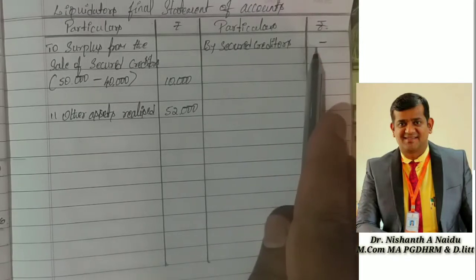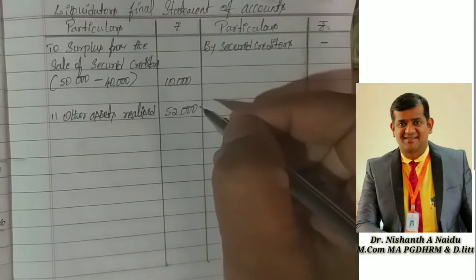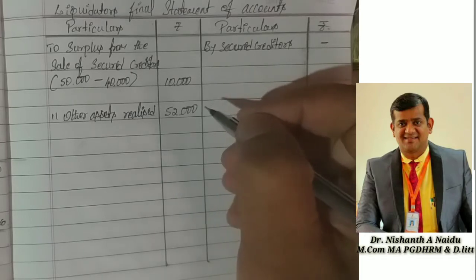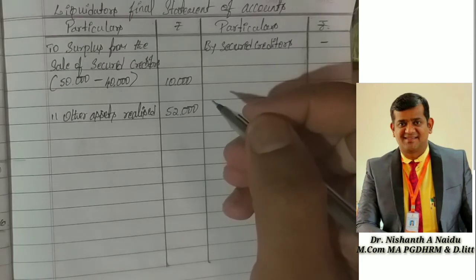Okay, so next immediately we have to pay any expenditure related to the liquidation. In the problem, if you look at it, there is an expenditure on liquidation. So how much is the liquidation expenditure?